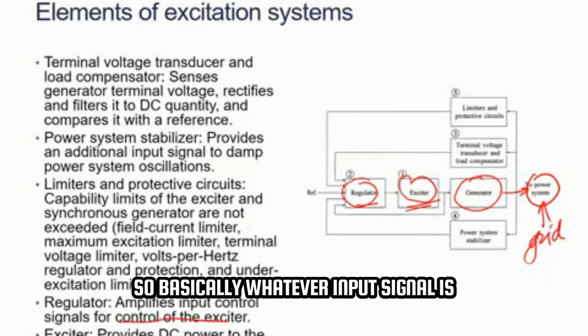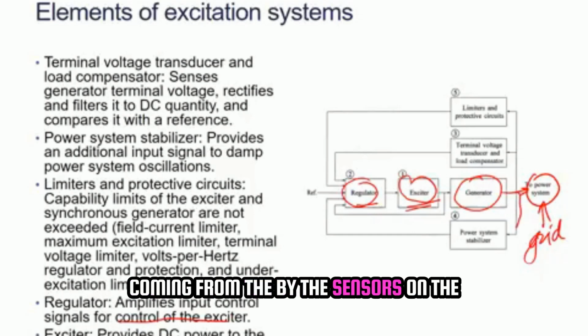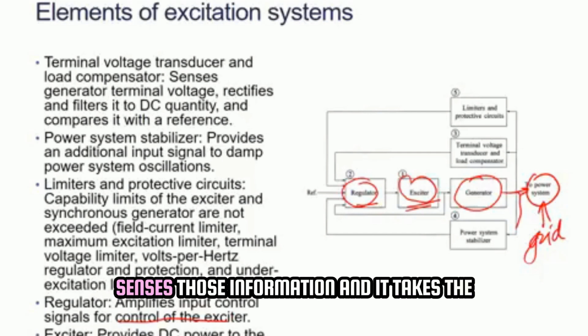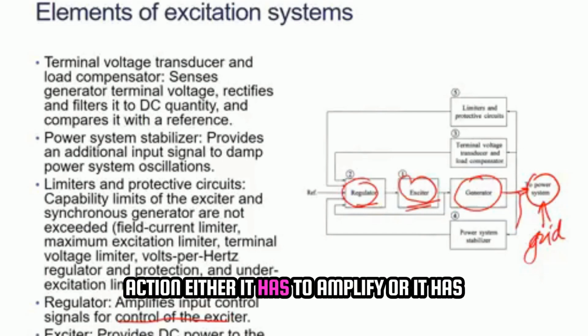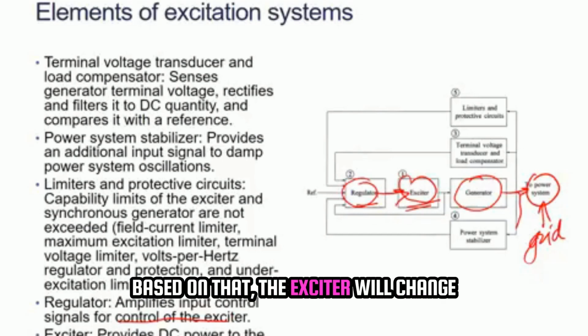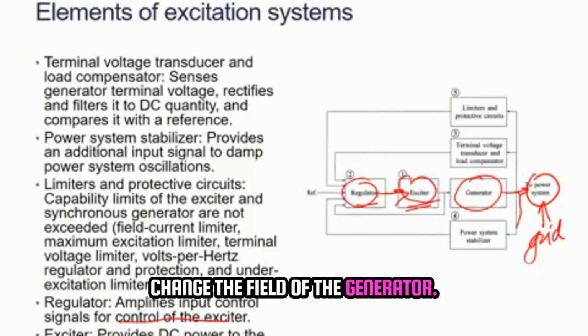Whatever input signal is coming from the sensors on the right hand side, the grid side, it senses that information and takes the action. Either it has to amplify or reduce the signal size, amplitude, or frequency. Based on that, the exciter will change the excitation, and eventually change the field of the generator.